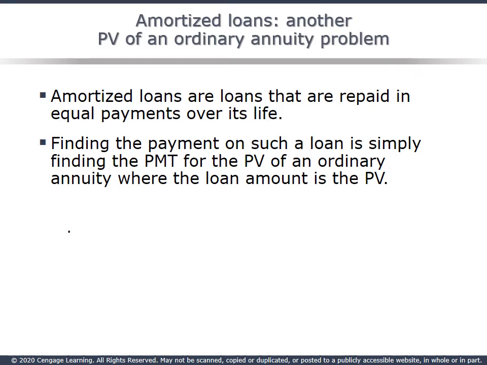With finding the payment on such a loan, we're going to know everything. We're going to know the interest rate that's being charged by our lender, the term over which the money is borrowed, and the amount that's borrowed. The amount that's borrowed is going to be the present value in this problem. And we're going to solve for the payment.